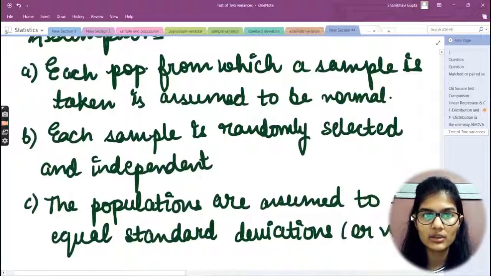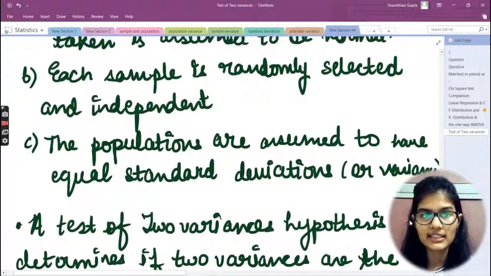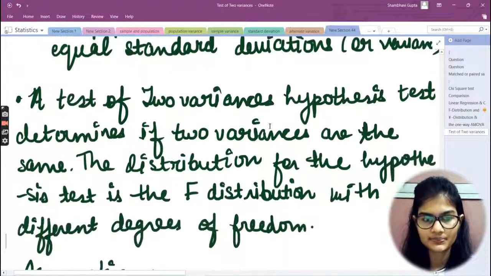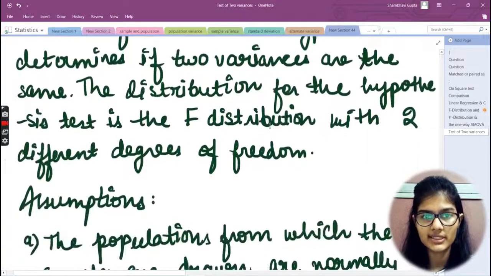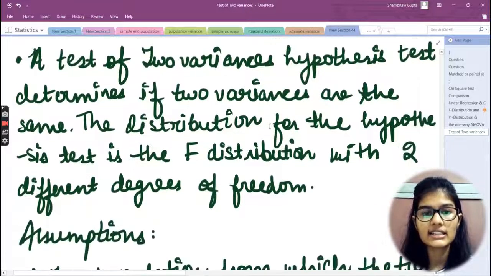The assumptions are: each population from which a sample is taken is assumed to be normal; each sample is randomly selected and independent; and the populations are assumed to have equal standard deviations, or variances. Now when we talk about the two variances hypothesis test, it determines if two variances are the same.